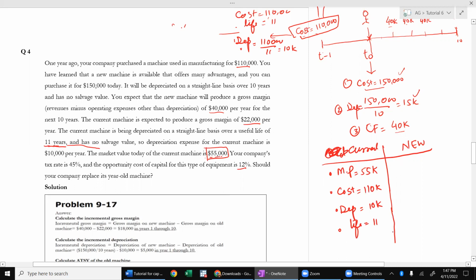And then the gross profit it was generating is 22,000. For the new machine, there is no market price information because we are just thinking to buy. So we have the information of cost, that is 150,000. Depreciation is 15K. Life is 10 years. Gross profit is 40K. Okay. Now you should take the difference.